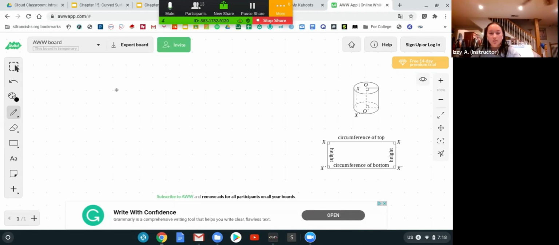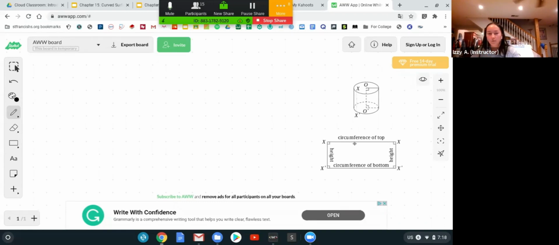As you can see, it's a rectangle. So all we would have to do is figure out what the dimensions of the rectangle are and then find its area. The dimensions of the rectangle are the height of the cylinder times the circumference of the cylinder, as shown.